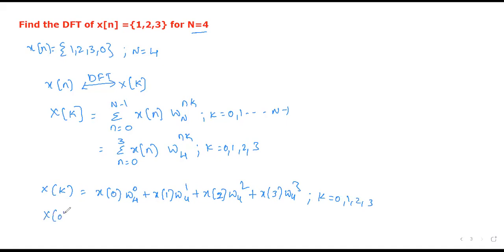X of 0 is equal to x of 0 into omega 4 power 0 plus x of 1 into omega 4 power 1k, isn't it? It is 2k. It is 3k.